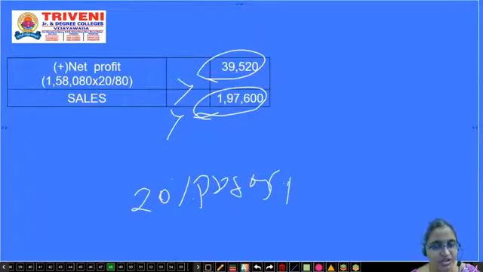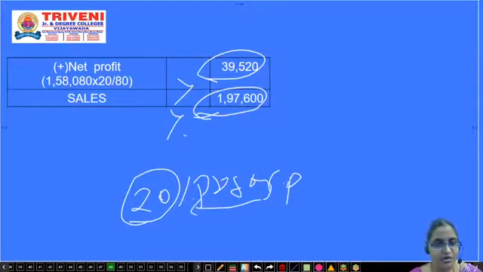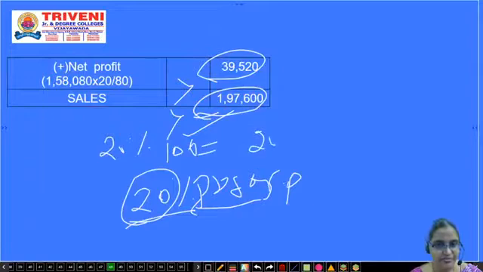To get the profit, you need to consider 20% on sales, but the selling amount was not given. So in detailed explanation, 20% means if the selling price was 100, the profit was 20, the cost was 80. Once again I explained it.